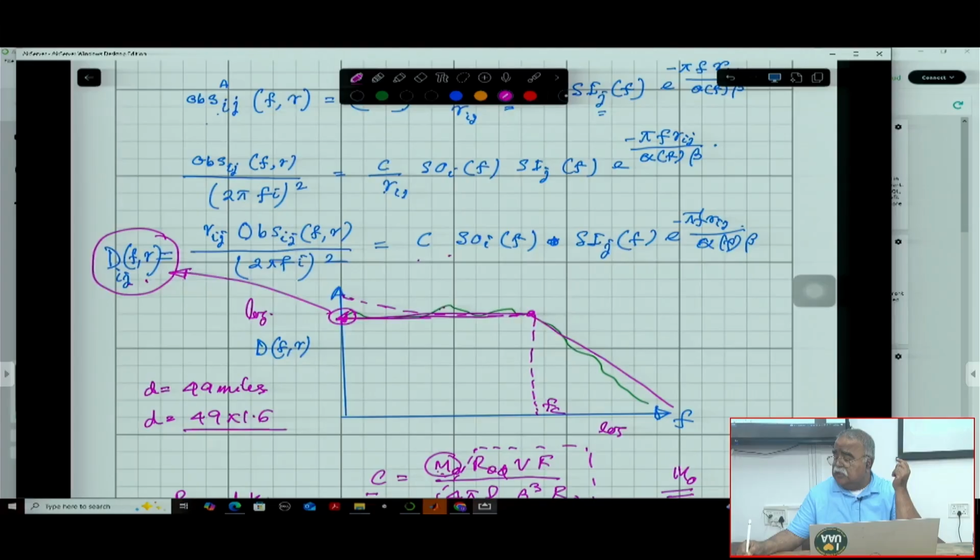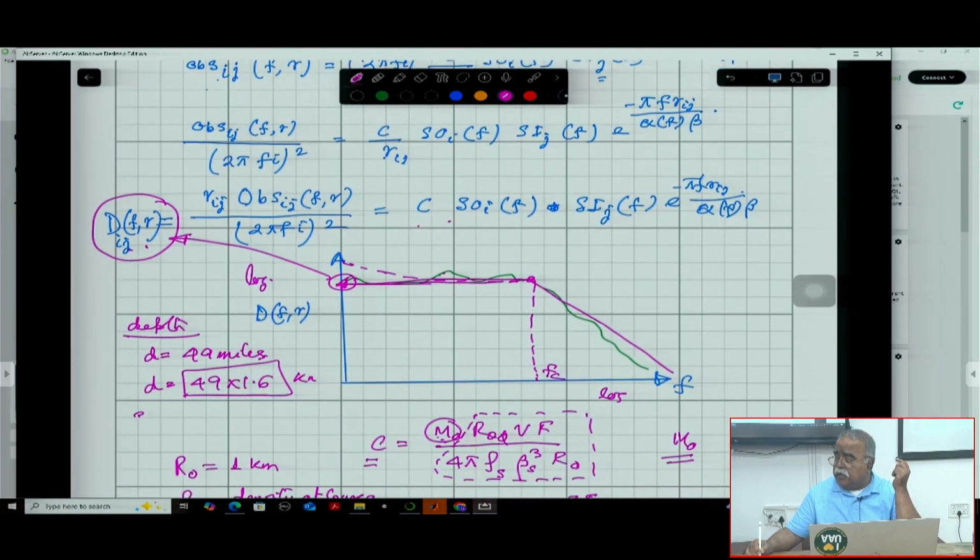So that will be the kilometer. This is the depth of the earthquake. Okay, and the epicentral distance you can find out from 8 times Ts minus Tp. Right, so calculate that.